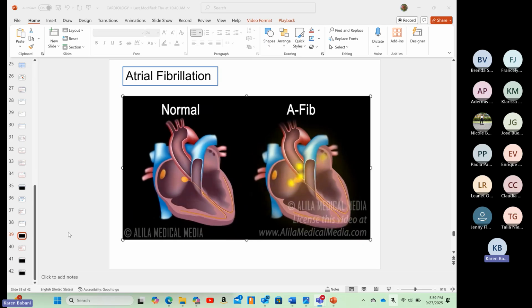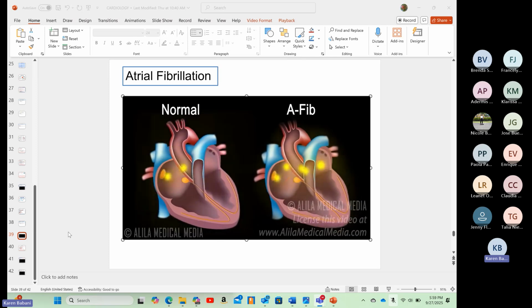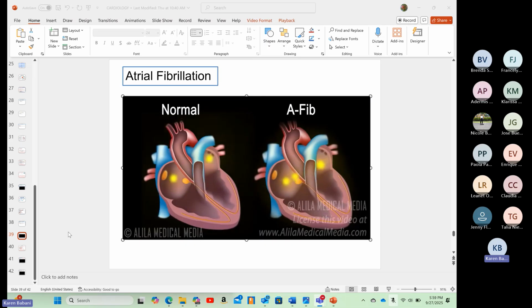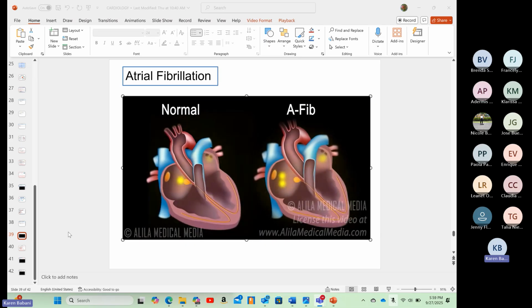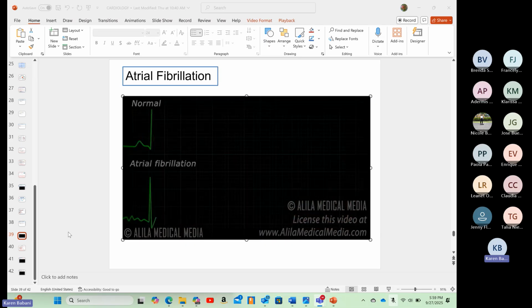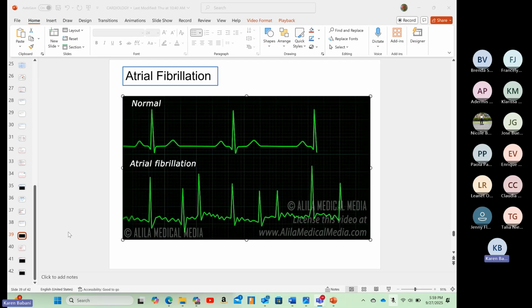Those that do come through are irregular. Ventricular rate or heart rate is therefore irregular and can range from slow, less than 60, to rapid, more than 100 beats per minute. On an ECG, atrial fibrillation is characterized by absence of P waves and irregular narrow QRS complexes.